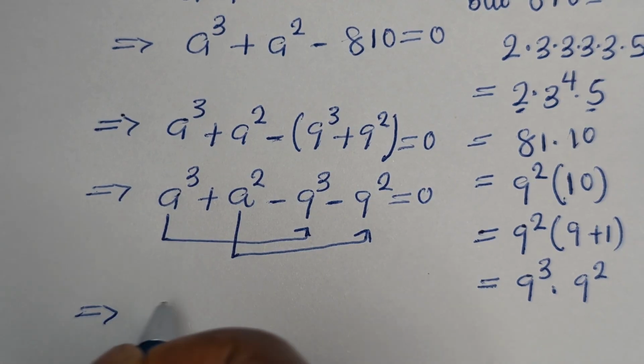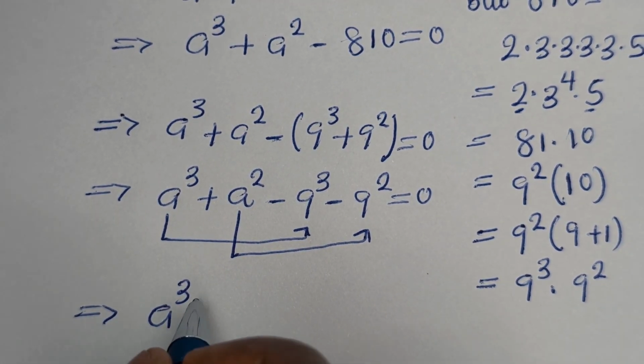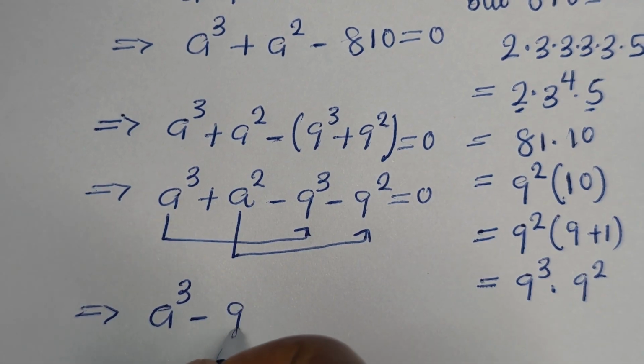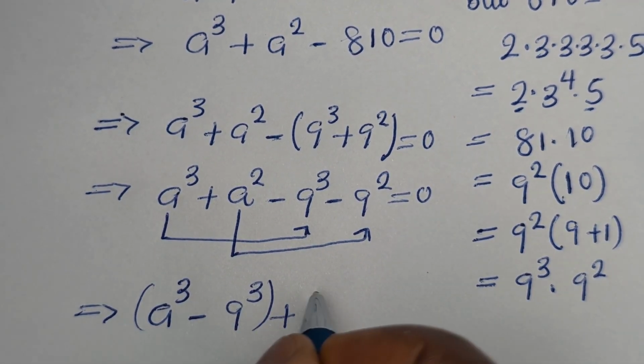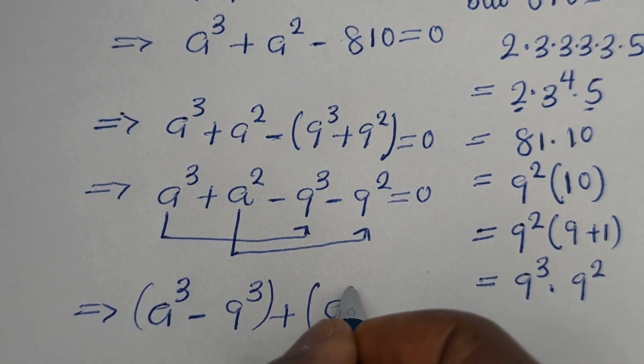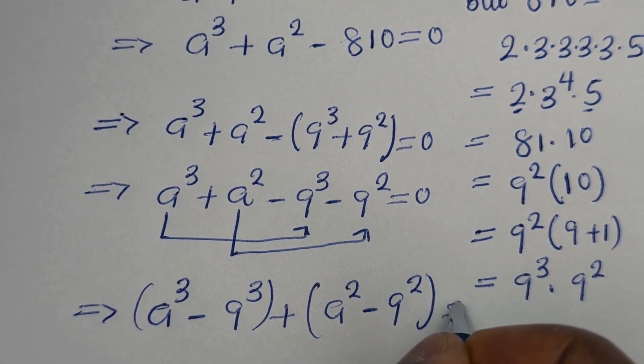Then this can be written as a raised to power 3 minus 9 raised to power 3 plus a square minus 9 square is equal to 0.